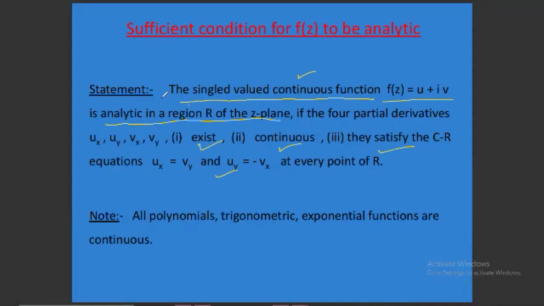Then the function is said to be analytic. That's all. So this is your sufficient condition.